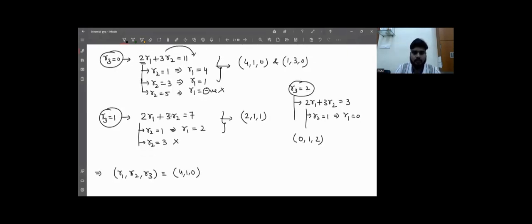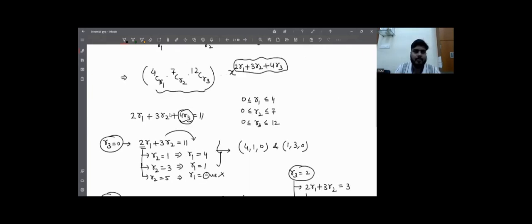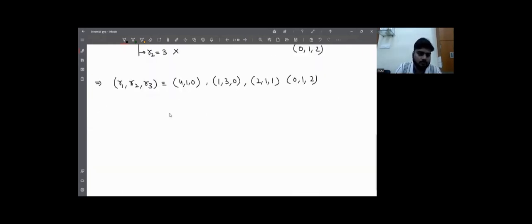4,1,0, comma 1,3,0, 2,1,1 and 0,1,2. Now we know coefficient क्या था. Coefficient was 4C_r1 7C_r2 12C_r3.